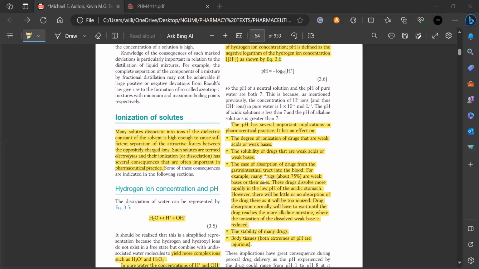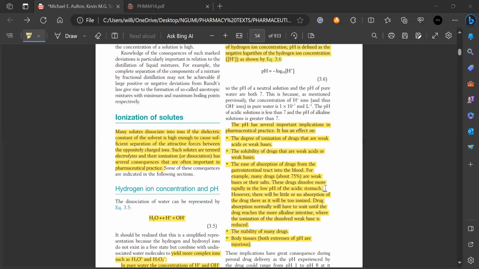And for weak bases or salts of weak bases, the drugs dissolve more rapidly in the low pH of the acidic stomach, and this is just, plain and simple, because we're forming a neutral solution, which can then be easily taken up.